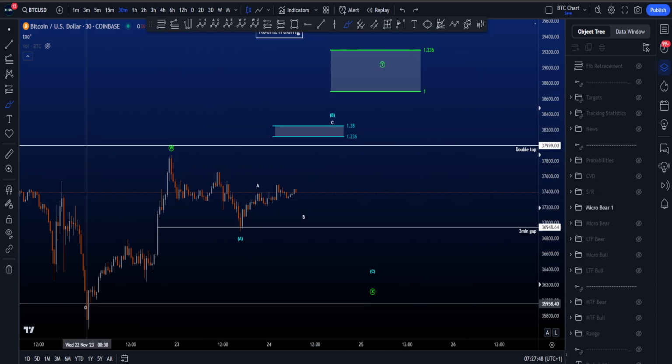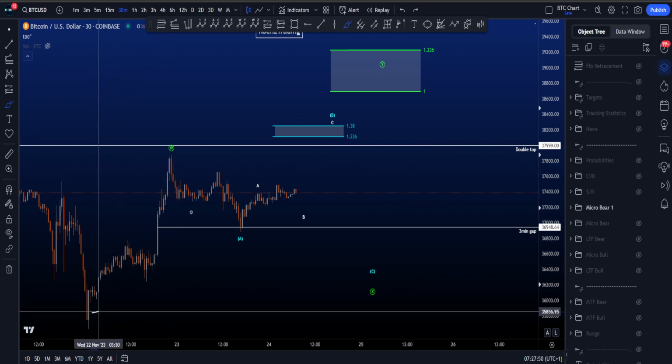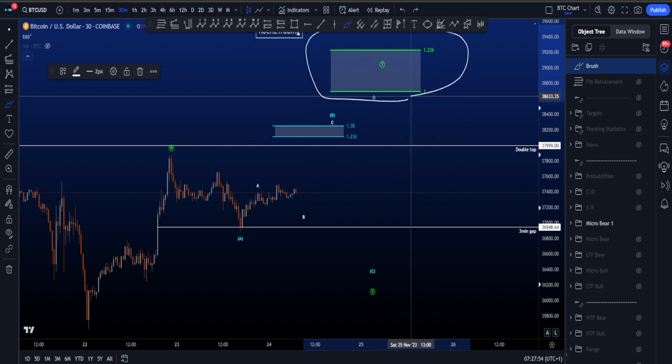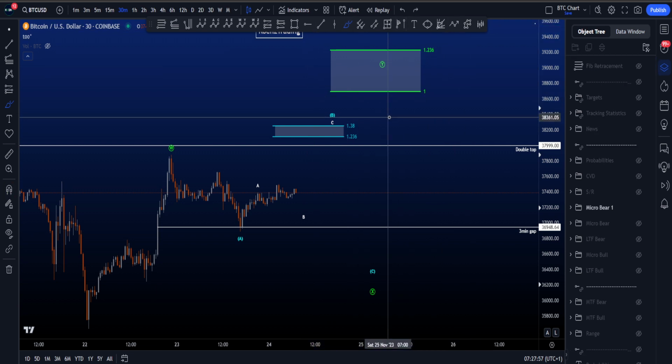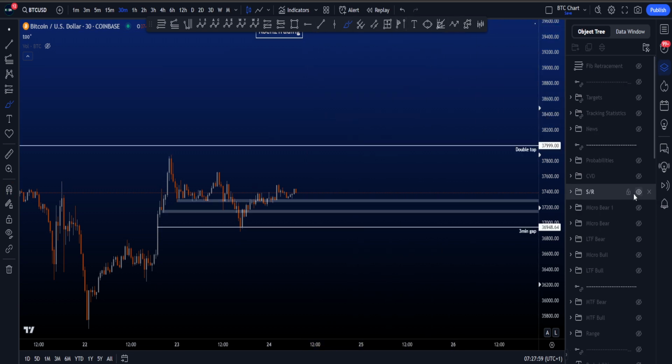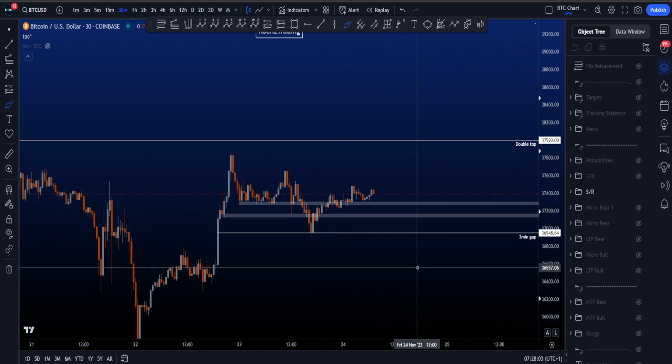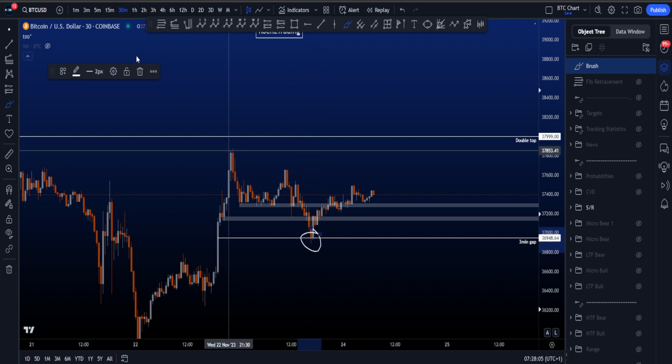A solid zigzag, just like we had over here, basically a copy of this zigzag to the upside over here, to then finish that wave Y to the upside. So this is definitely something that I'm keeping my eye on. If we look at the support resistances in this area over here, price bounced perfectly on the 3-minute gap.